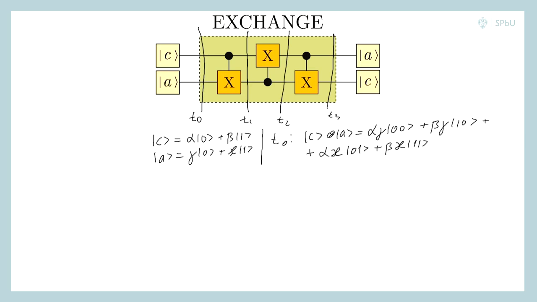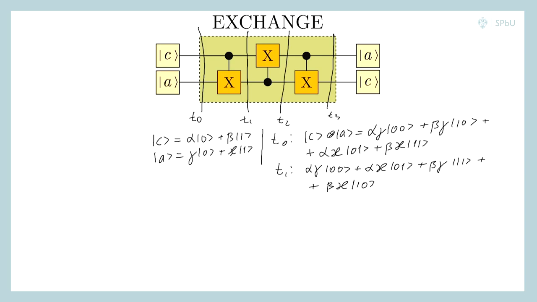So, after the first X element at the moment of time t1, we can write down the two-qubit state as follows: alpha gamma 0 0 plus alpha kappa 0 1 plus beta gamma 1 1 plus beta kappa 1 0.